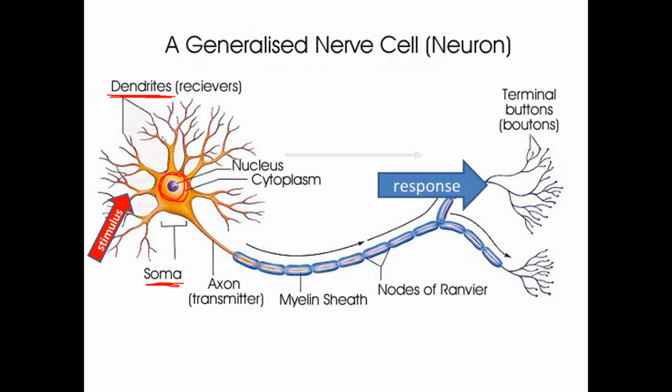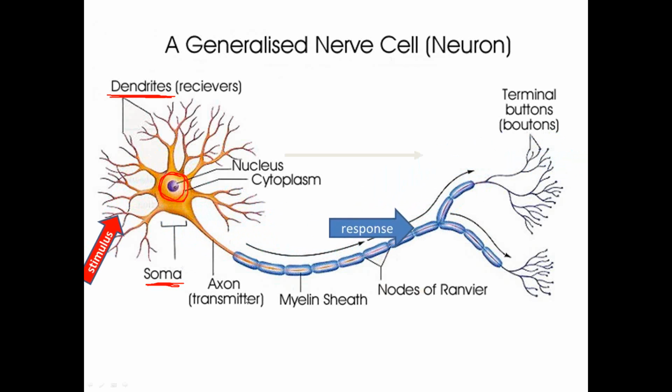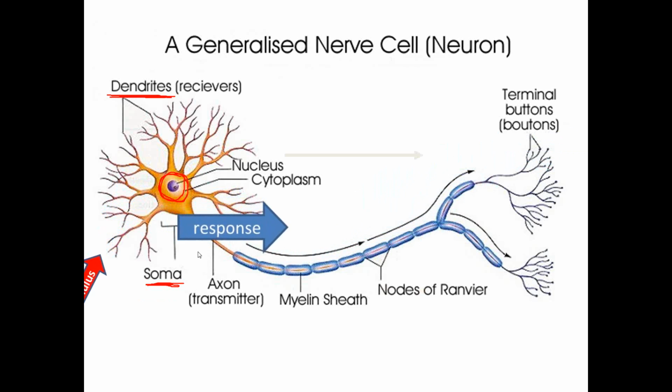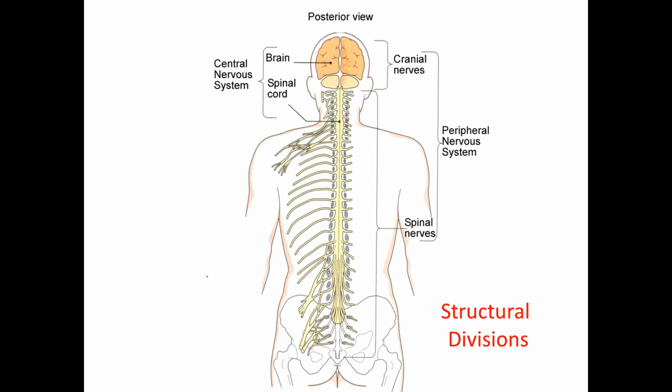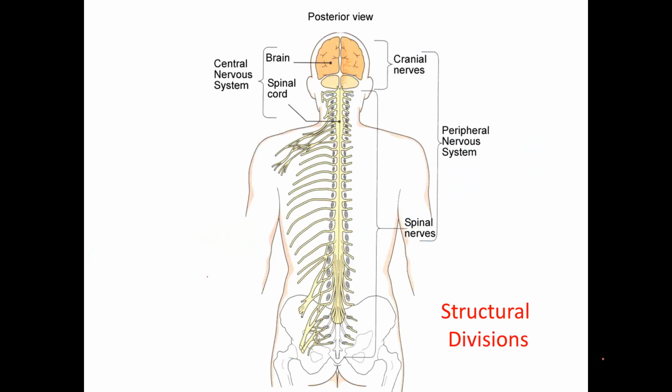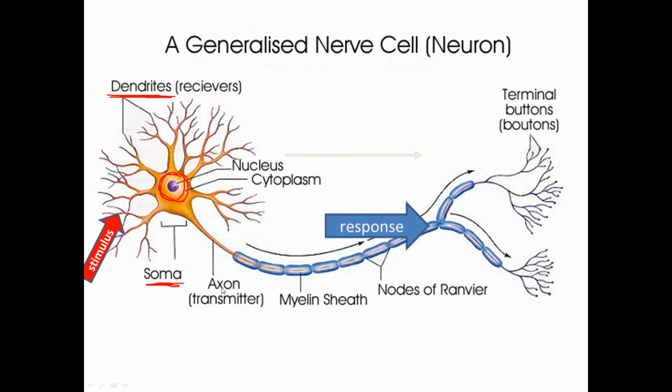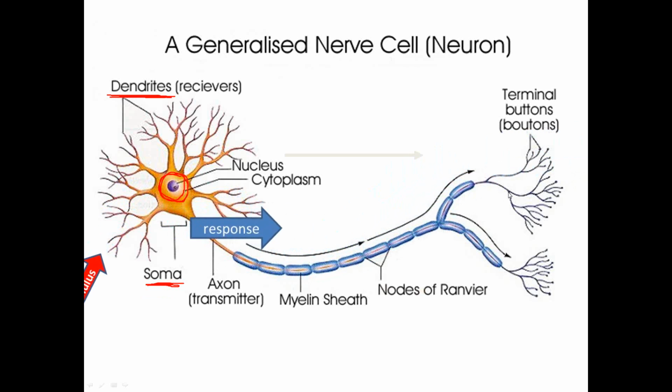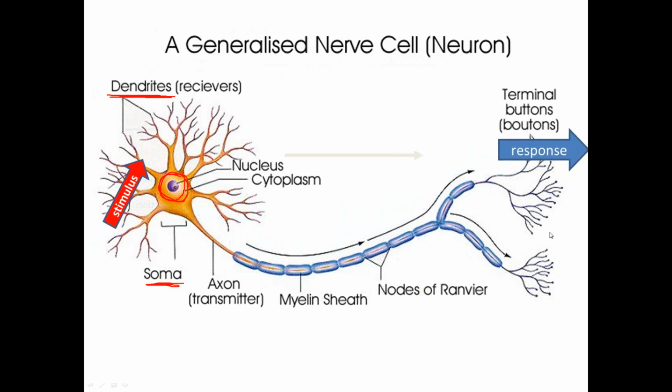from the cell body along a long transmitting process. The transmitting process is known as an axon. Now the axon transmits the information out to the end, where again you might see that the nerve cell branches, and it branches out into many different branches, each having a terminal button or a bouton.